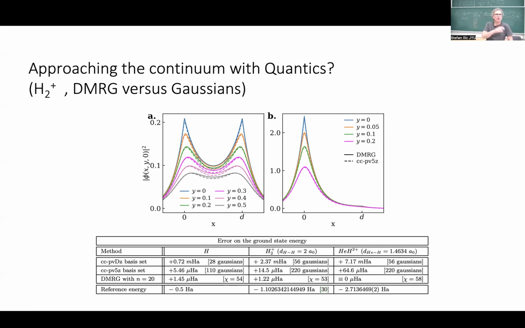Then you put in more Gaussians to make it better, and you call it double zeta. You add more Gaussians, you make it better, you call it triple zeta. But each time you optimize it in a very manual way, and then you try to extrapolate from double zeta, triple zeta, quadruple zeta, 5 zeta to the thermodynamic limit.